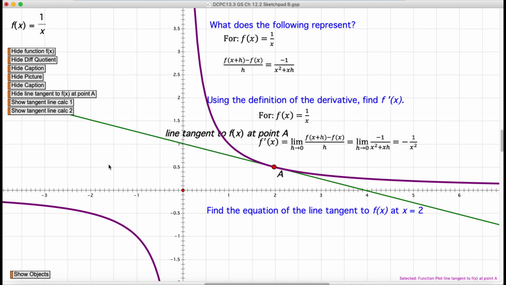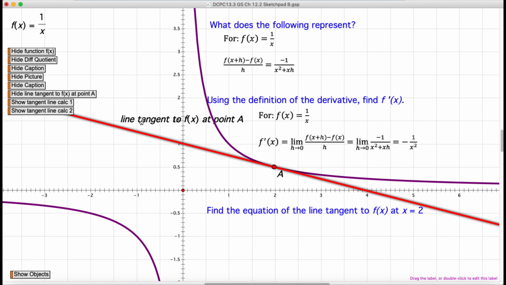I'm drawing it, and it looks like this. This is my line tangent to my function at that point A. We want to find our line equation. Think back to Algebra 1. To write the equation of a line, you need to know 2 pieces of information: a point, and your slope.